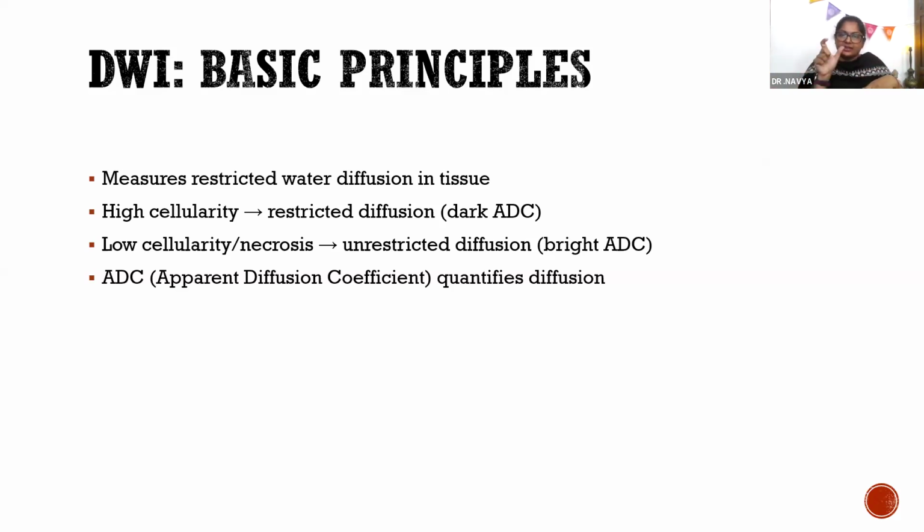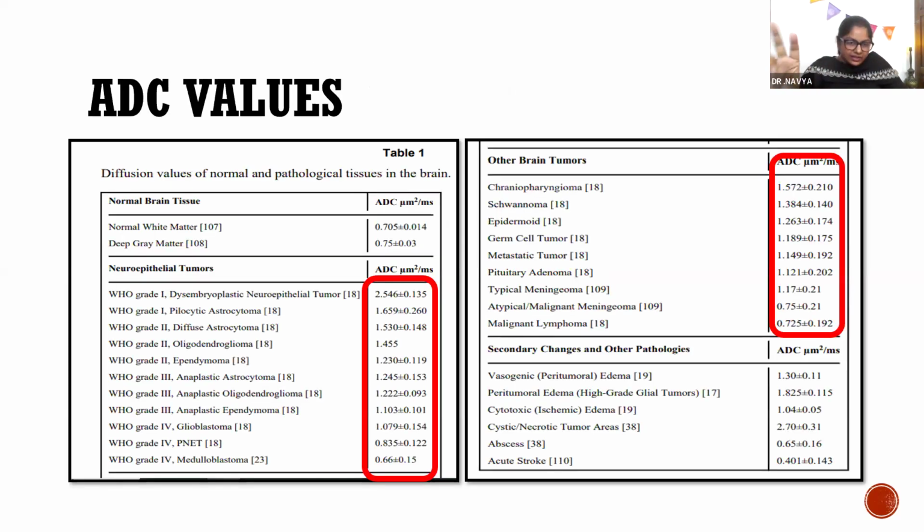Okay, the ADC. This is a parameter which quantifies the diffusion. That ADC is restricted if the cellularity is high, meaning the ones which have very high cellular load, turnover, or highly malignant tumor. And if there's low cellularity or necrosis, there will be an unrestricted diffusion. I'll just remember two or three things for the ADC values for your long-term remembrance.